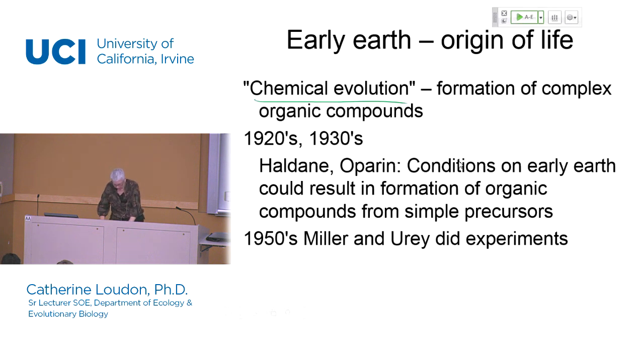Now, in the 1920s and 1930s, a number of different scientists, including Haldane and Oparin, who were experts in planetary chemistry, considered that the conditions on the very, very early Earth, which are completely different from the conditions now, could in fact result possibly in the spontaneous formation of organic compounds from very simple precursors.